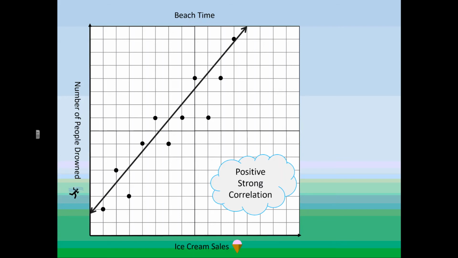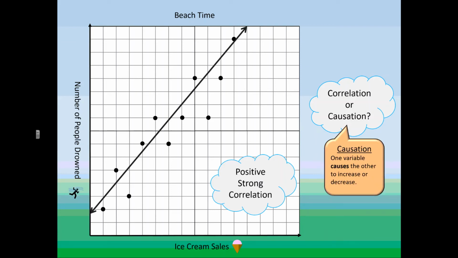So, how do we explain this? How do we explain that ice cream sales going up makes the number of people drowned go up? Well, that's the difference between correlation and causation. Two very, very close words. Causation is that one variable causes the other to increase or decrease.